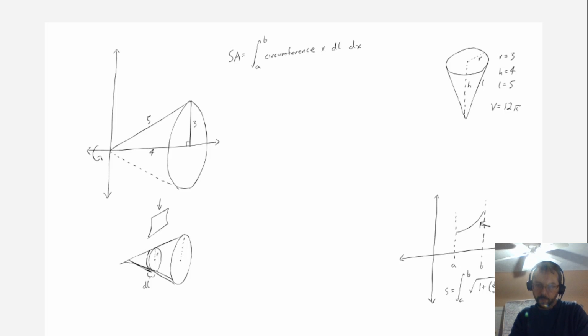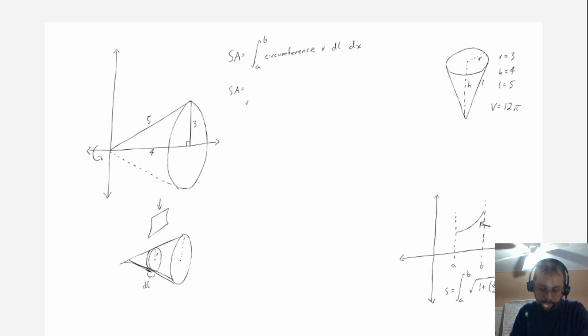So we're going to have to use that as dl, basically. And our circumference, the formula for circumference of a circle, once again the shape we have is a circle, or the slice is a circle shape. Circumference equals 2 pi r. So surface area equals the integral, oh, sorry, I didn't realize my video was covering that. Oh well, you'll see it again in a second because I'm going to write it for dl.